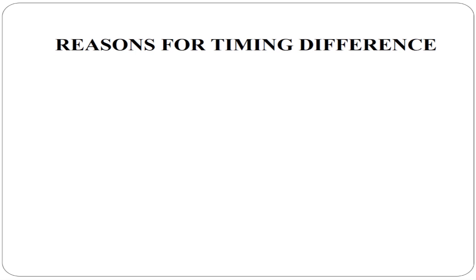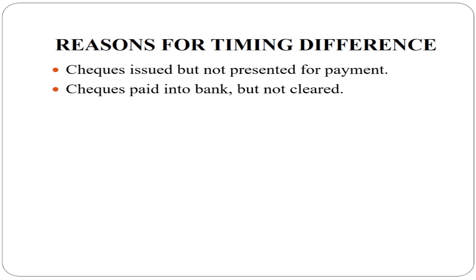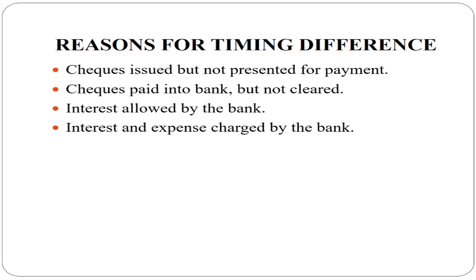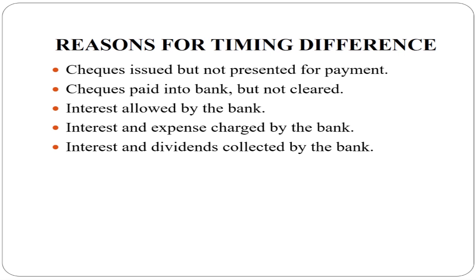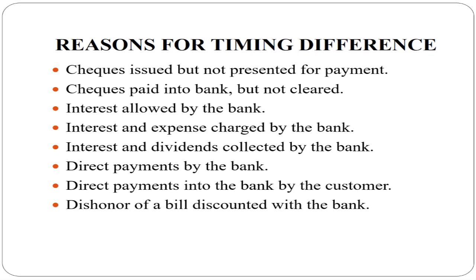These are checks issued but not presented for payment, checks paid into bank but not cleared, interest allowed by the bank, interest and expenses charged by the bank, interest and dividends collected by the bank, direct payments by the bank, direct payments into the bank by the customer, and the last one is dishonor of a bill discounted with the bank.